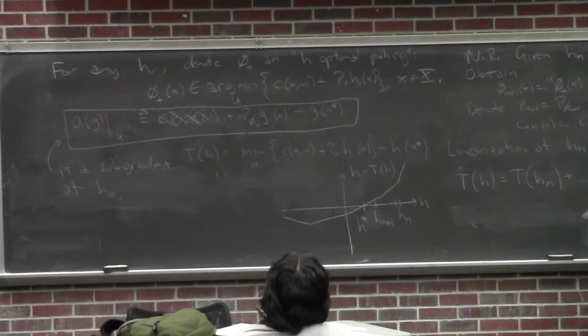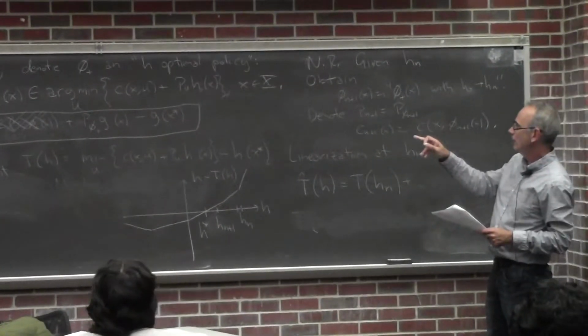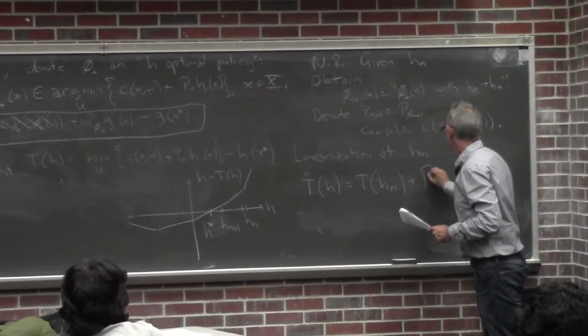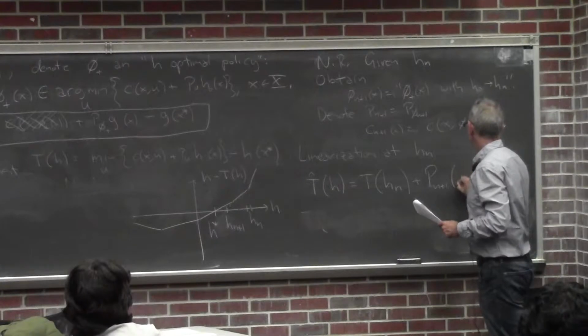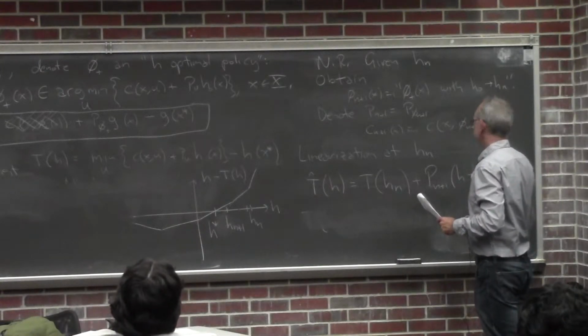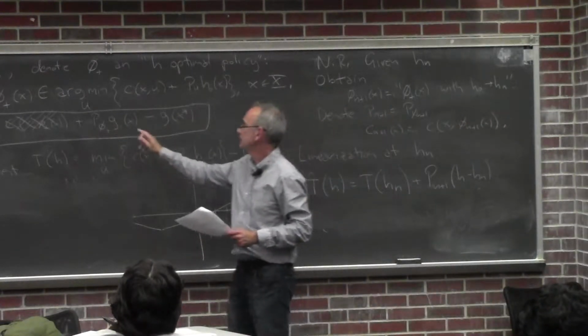So it's T of h_n plus the linearization, which in this case would be P_{n+1} times h minus h_n, because that's what g is, that's the error.